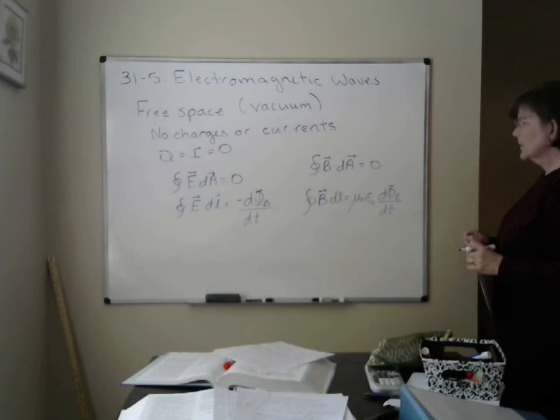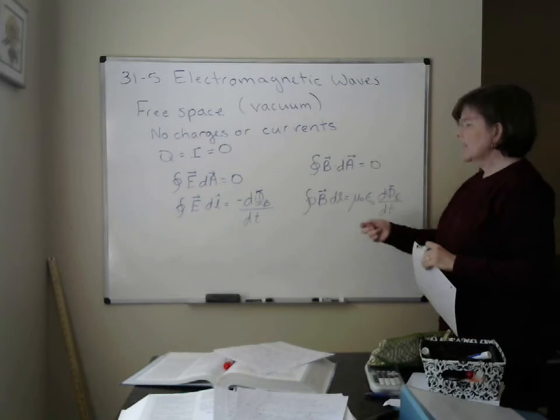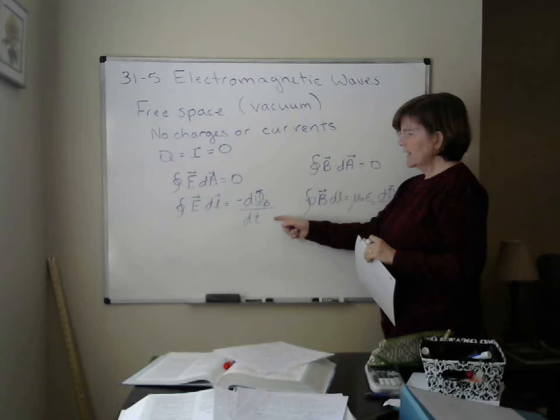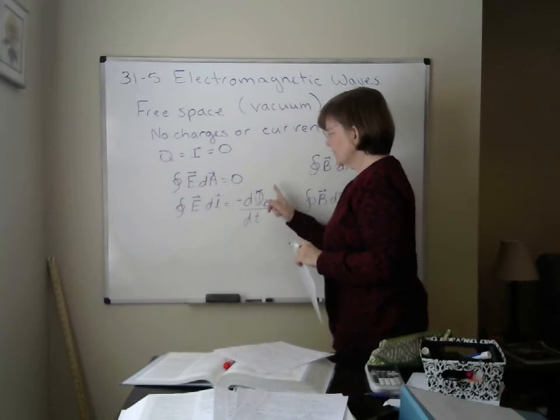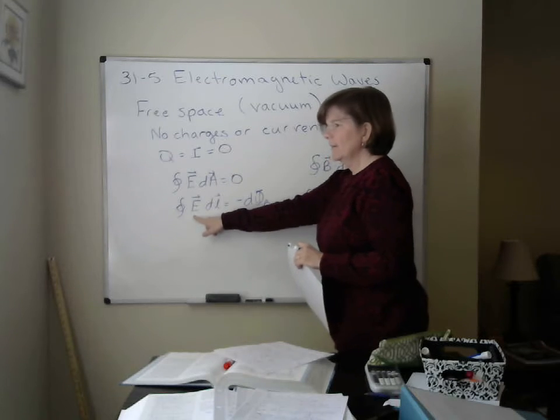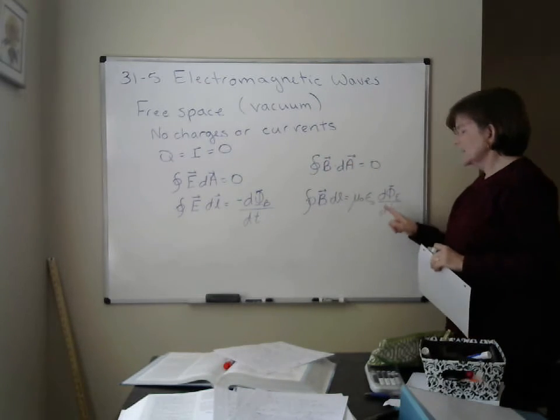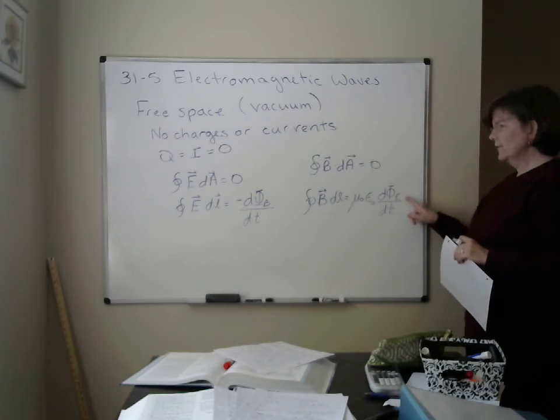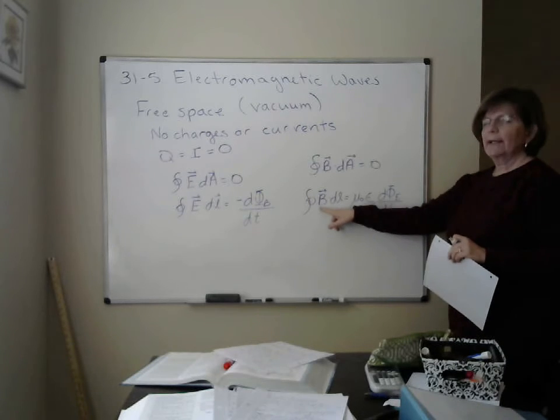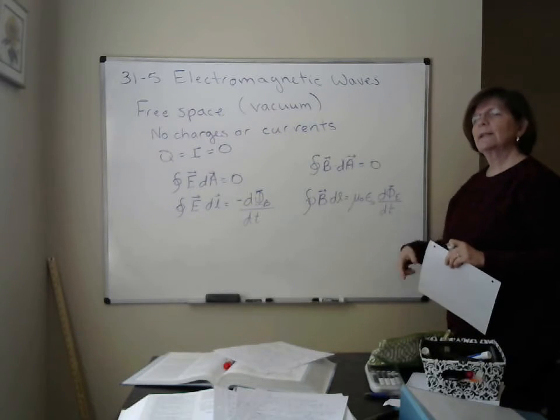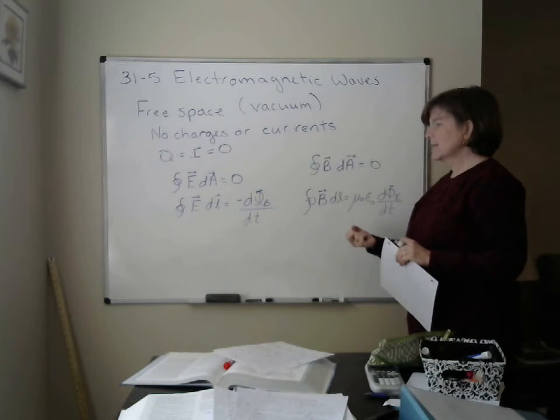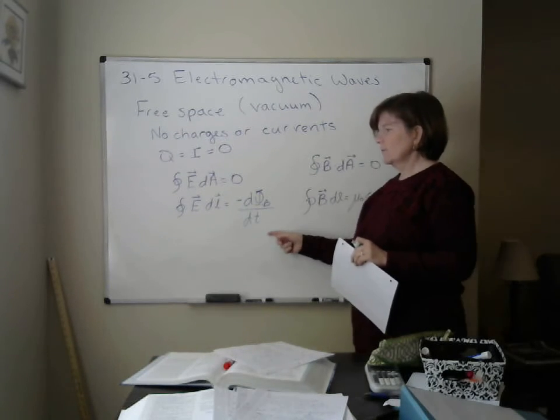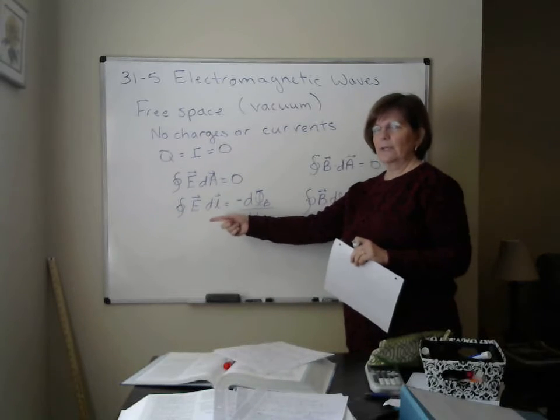It's the bottom two that are really interesting. What this is saying is if I have a changing magnetic field, I'm going to have an electric field. And this one says if I have a changing electric field, I'm going to have a magnetic field. So we get into this cyclical thing with electromagnetism that once started, a changing magnetic field will induce an electric field.